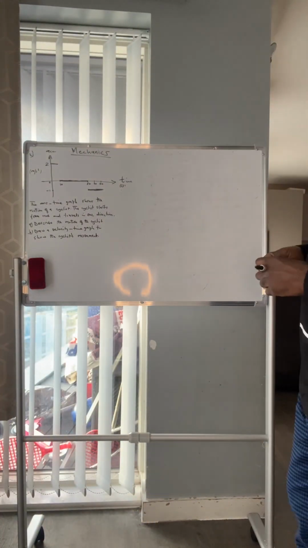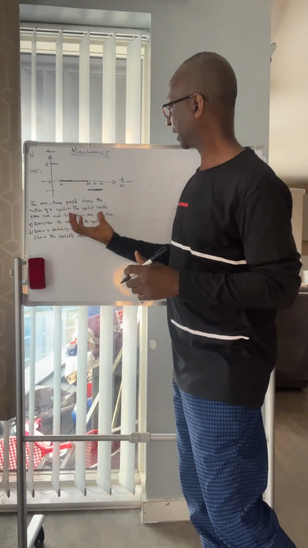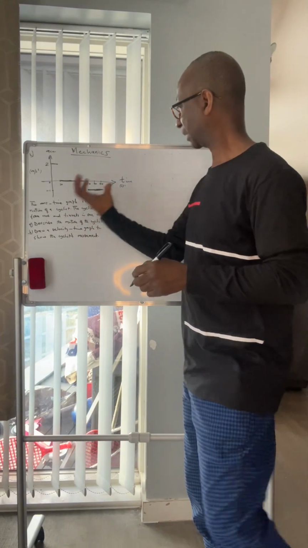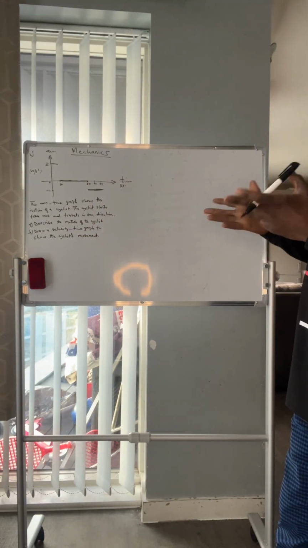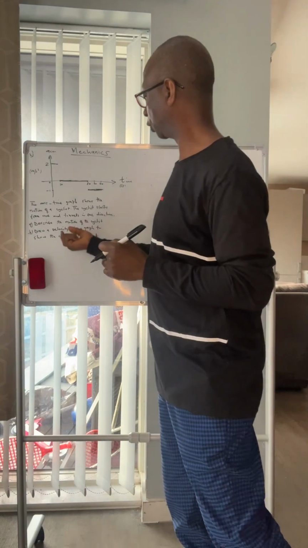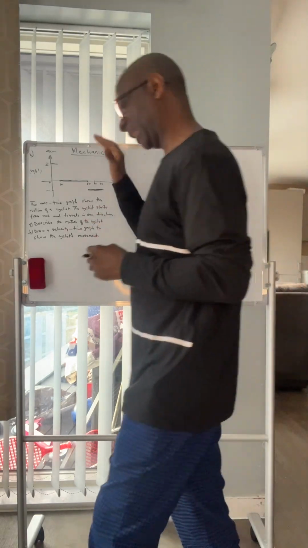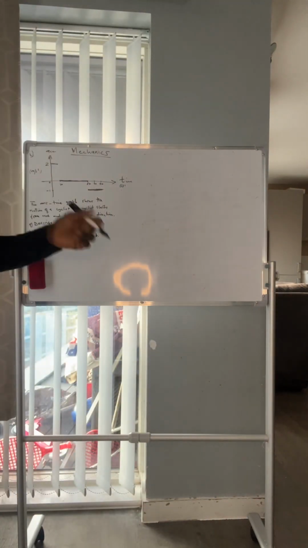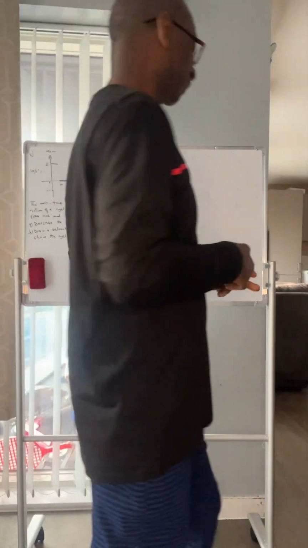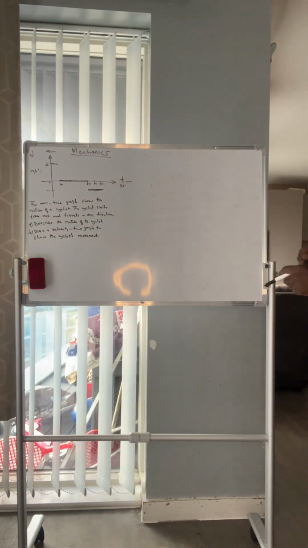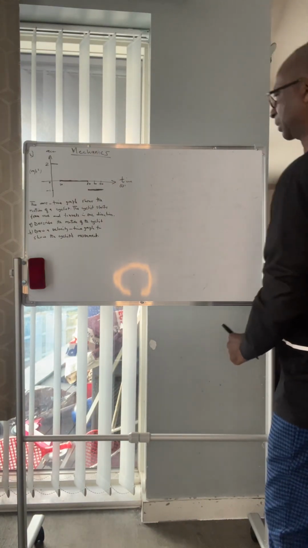So if they ask you to describe the cyclist's motion, that is what you have done. But because we got to draw a velocity time graph, which means we need numbers, we need calculation. So this description is better done with calculation. This is the acceleration time graph.